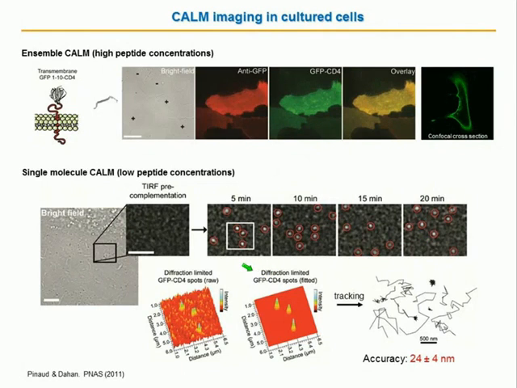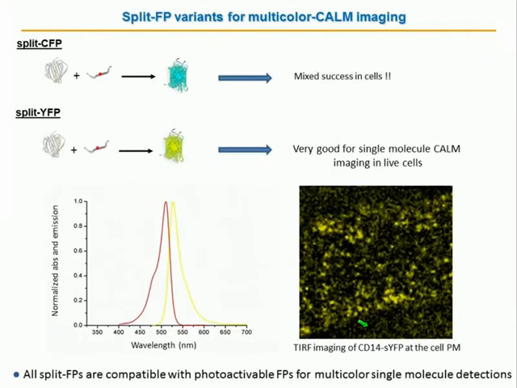You can, again, using Gaussian functions, go from your raw image where you have the individual point-spread function corresponding to the image of the individual molecules. You can localize them by Gaussian fitting and again do tracking and diffusion analysis. In this particular case, we have a localization precision of about 25 nanometers.